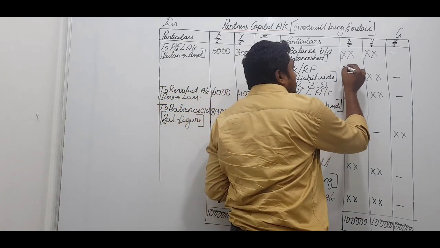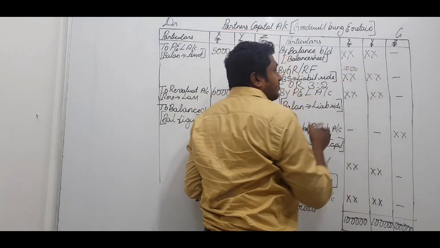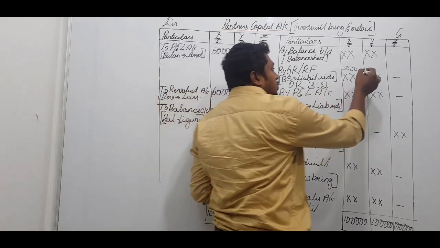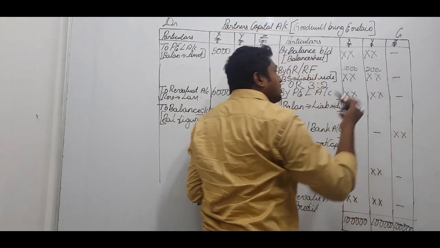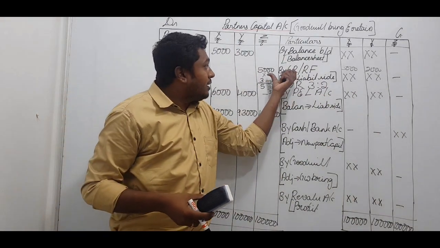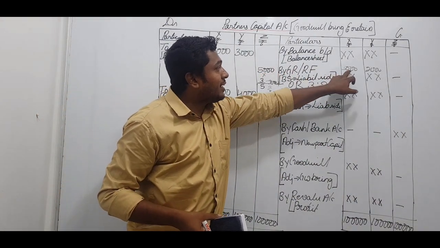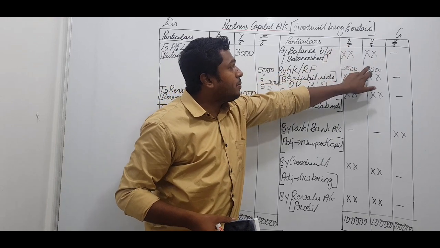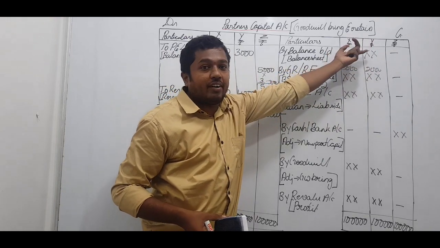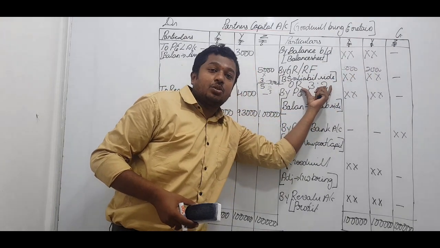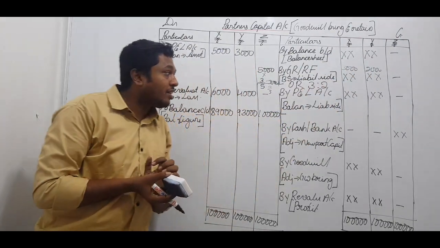That 3,000 should be written here. And 5,000 into 2 by 5, you will get 2,000. See now, general reserve is 5,000. Out of 5,000, 3,000 is given to X and the remaining 2,000 is given to Y. This happens because of the ratio, that is the old ratio.